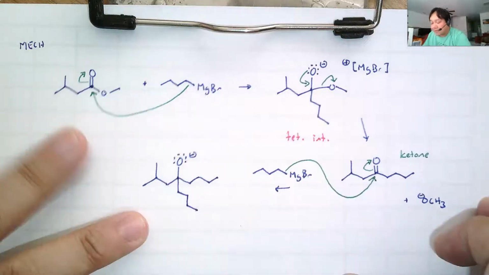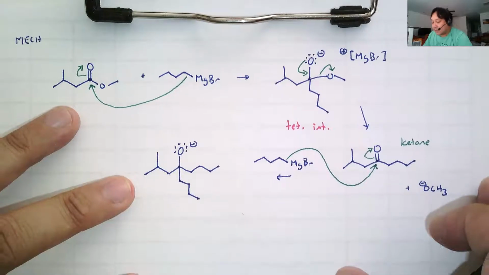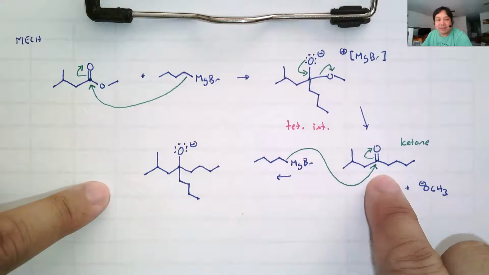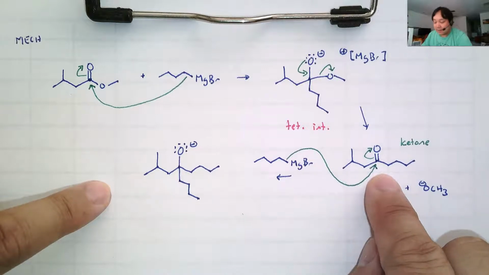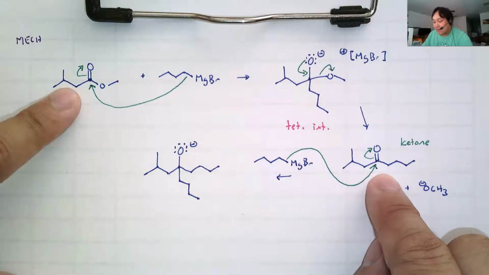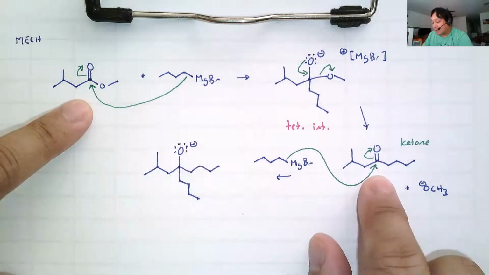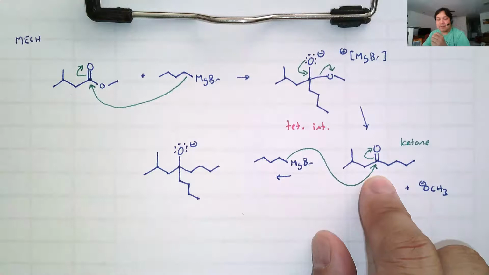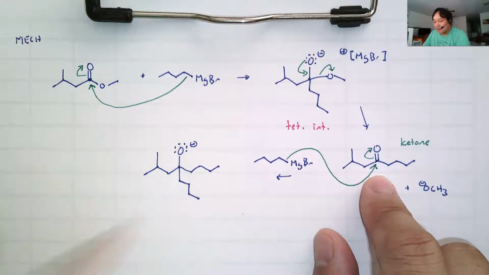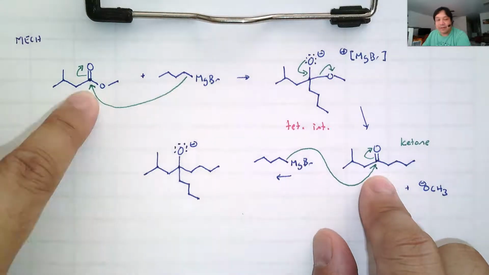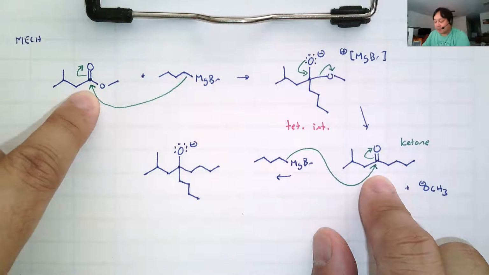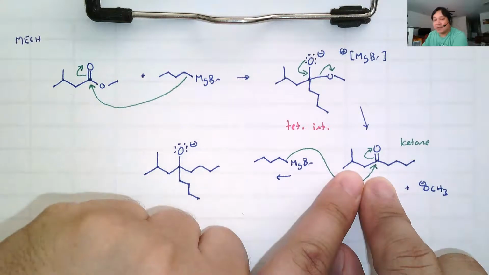But it doesn't work like that, because the ketone actually is more reactive than the ester. And not all of this happens at the same time. So when you make the ketone, if there's any Grignard reagent that you're hoping to react with more of the ester, it's not. It's going to more likely react with the ketone.